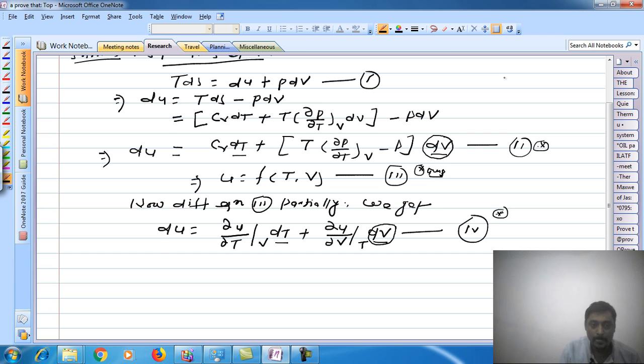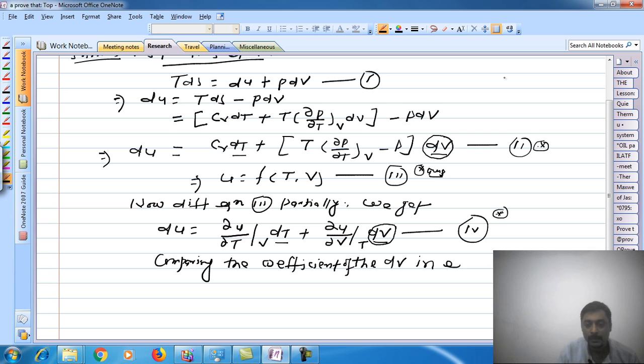Just comparing the coefficient of dV in equation 2 and 4, what do we get?